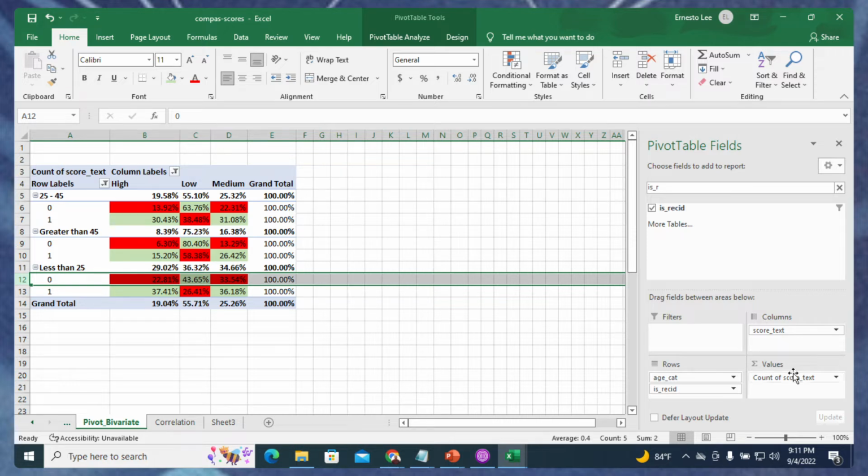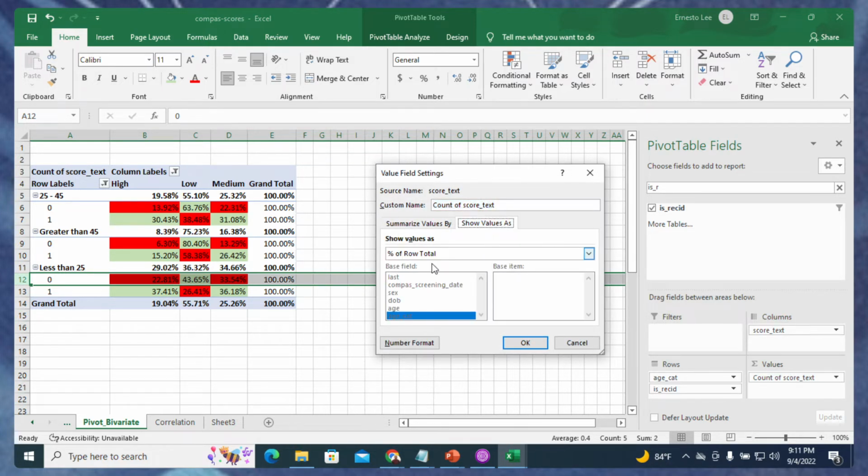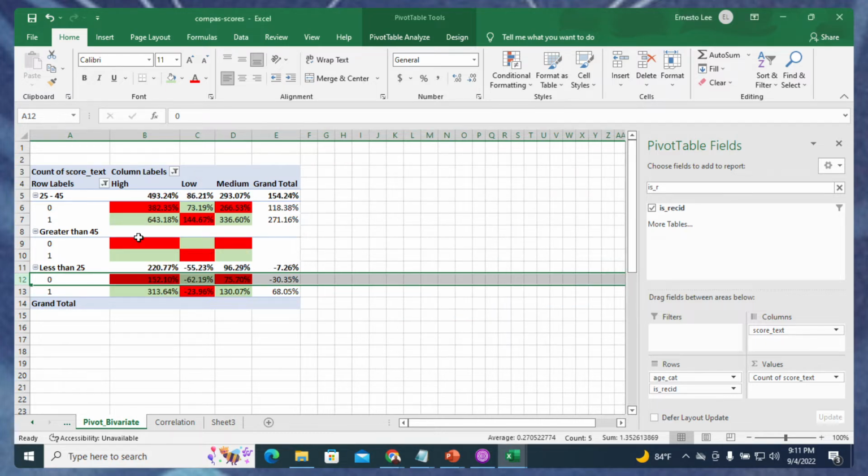I want to look at this as percent difference from, let's say, greater than 45. I would go to value field settings, show value as, percent difference from, let's say, greater than 45. Okay.